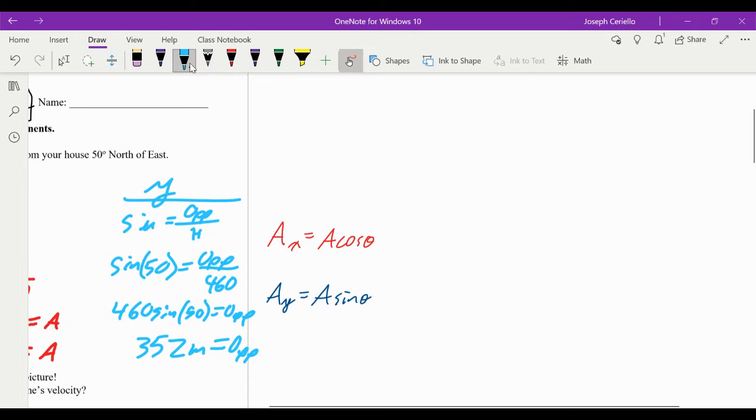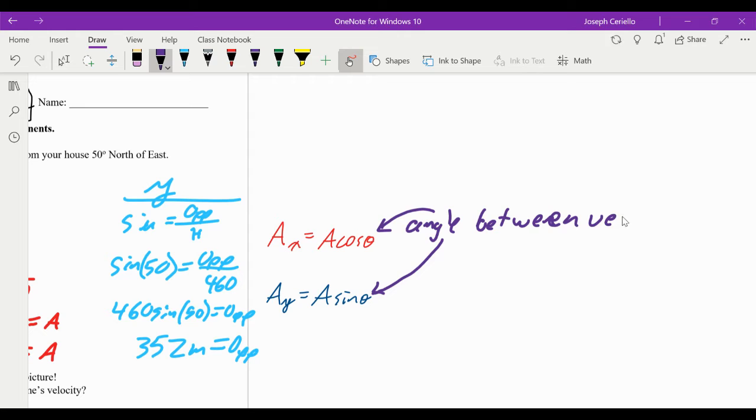So let's just talk a little bit about what those things stand for. So first, theta. You have to be careful. I don't really like using this equation because a lot of students don't know what theta actually is here. Theta is the angle between the vector and the positive x axis.